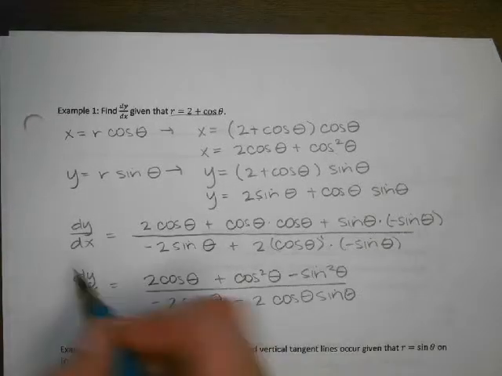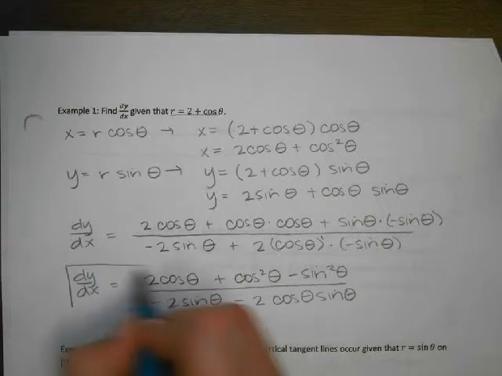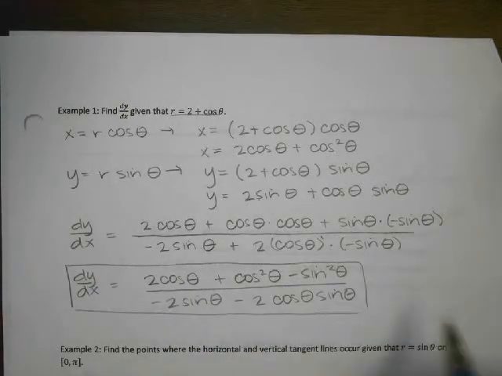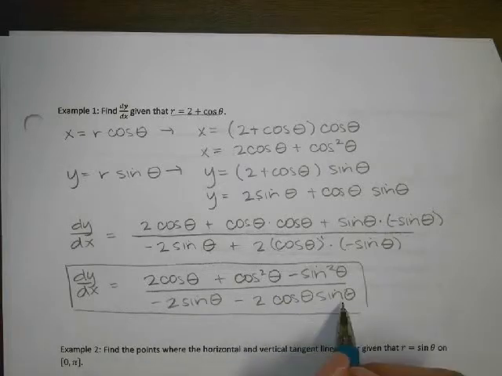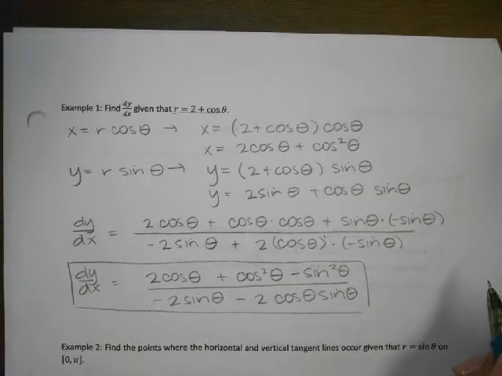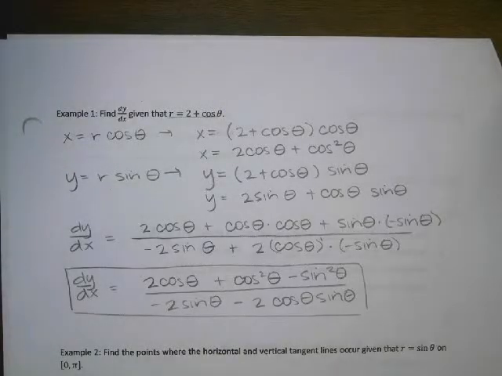That's just kind of it. I guess you could take out a GCF on the top and bottom, but they don't end up canceling because the GCF on the bottom is negative 2 sine. The GCF on the top is cos. You could pull it out and call it a cotangent, but I don't feel like that actually helps. Okay, so this is a fine answer right there for your derivative.